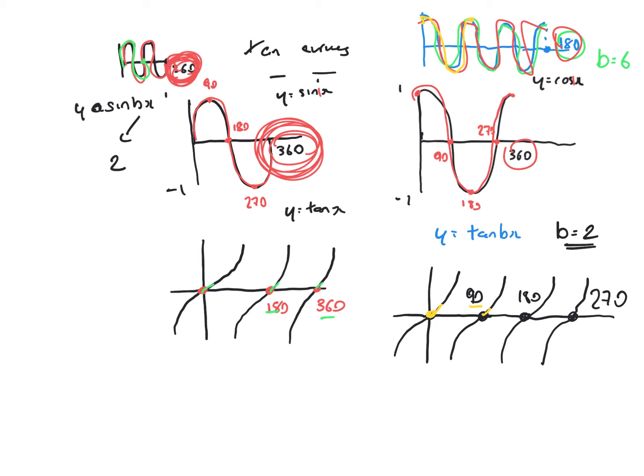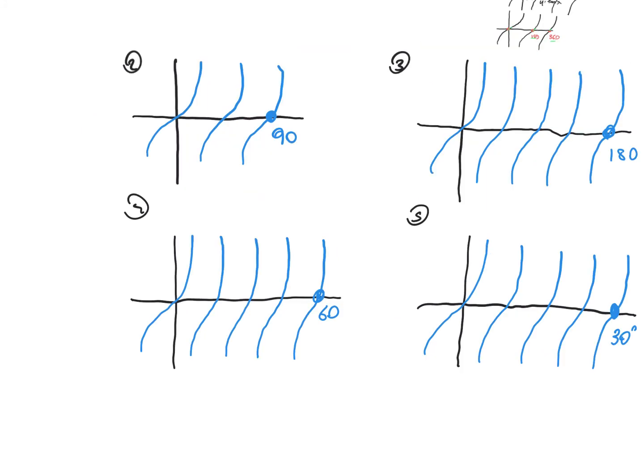How do you know you've got a complete curve? The thing starts to repeat. Okay, so it goes up like that, starts going up like that again at 90 degrees. That's 1 in 90, which is 2 in 180. Okay, so for each of these, it's tan bx, and we want to find b. b is the number of curves in 180. So how do I know we've got one complete curve?